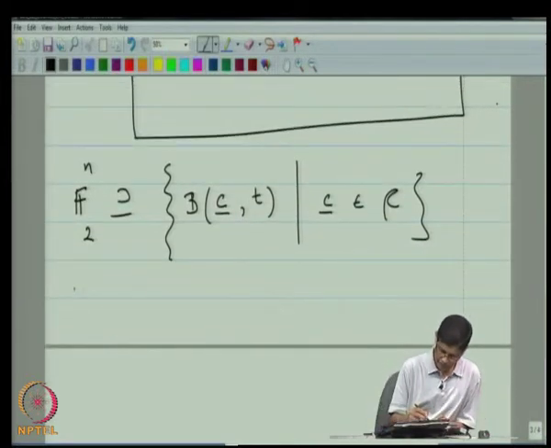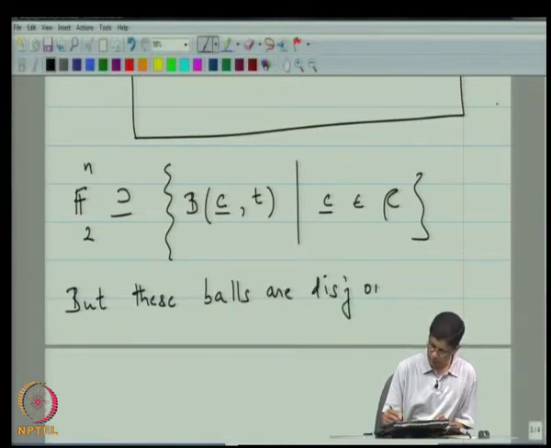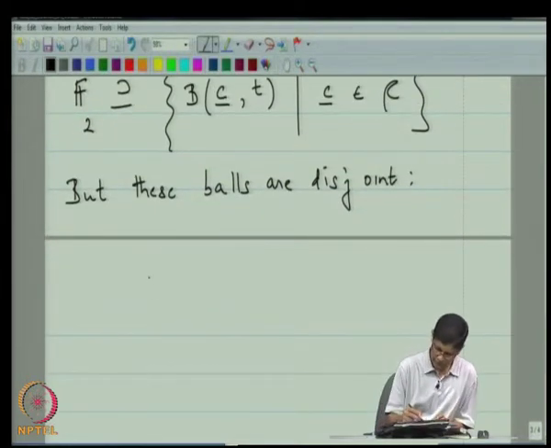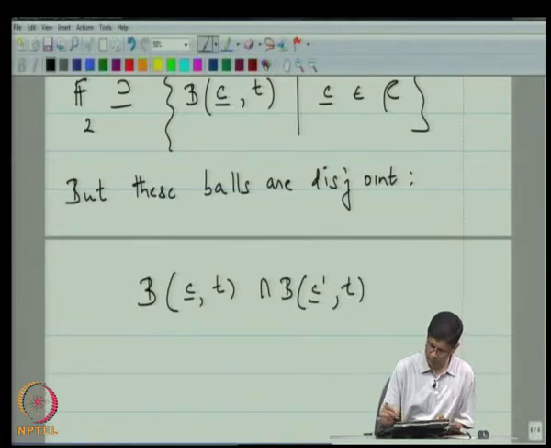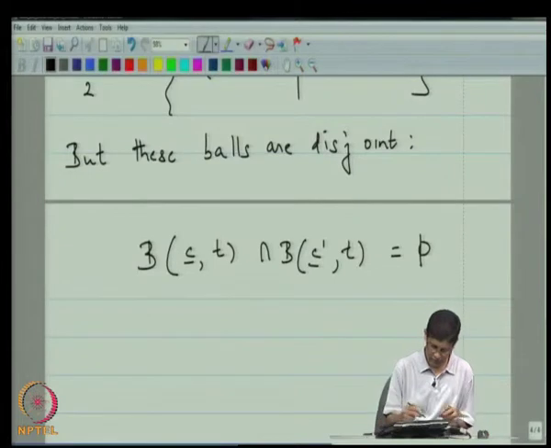But these balls are disjoint, meaning that the intersection of the balls is empty.